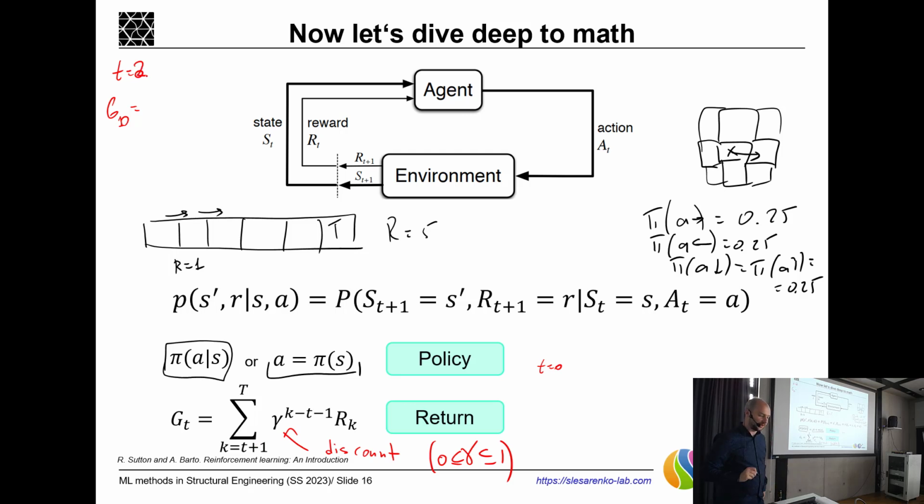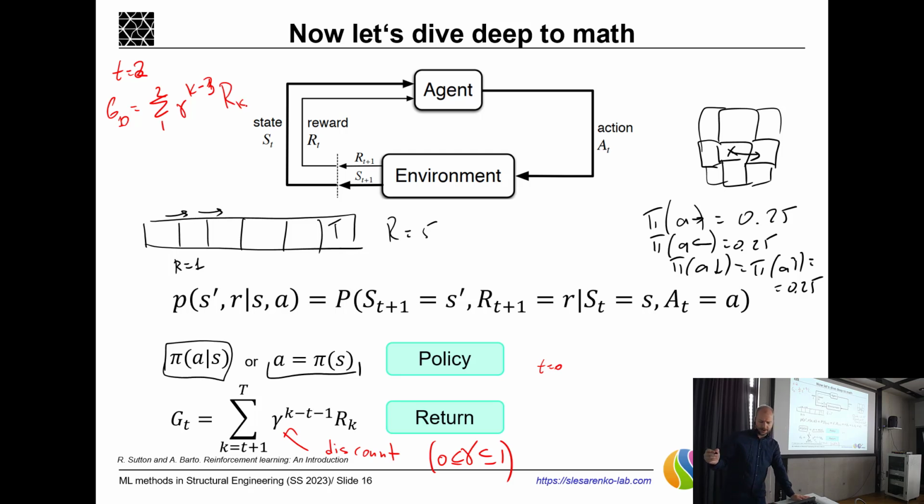Okay, let's take t equal 2. So now let's see what would be the return at this time equal 2. In this case, we will have sum from 1 to 2 of this function, and k minus 1 minus t minus 3, sorry, rk.